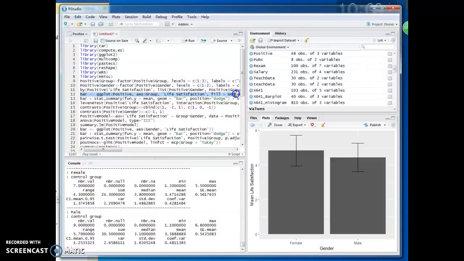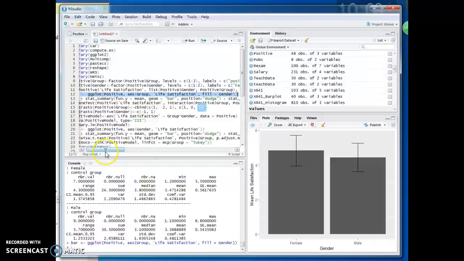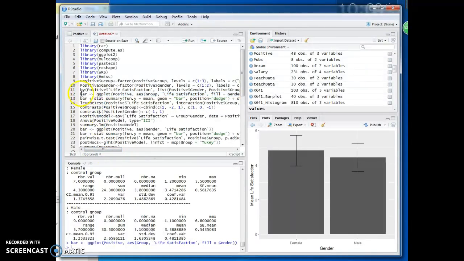Right here, we want to create a plot object as bar, and in order to get our plot we use this function. We create the bar object, and this function gets the plot.